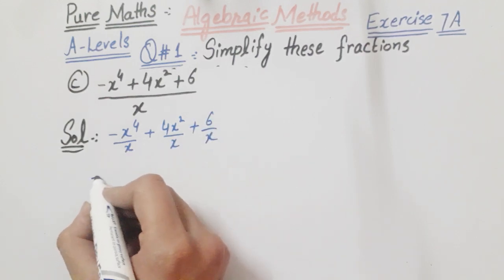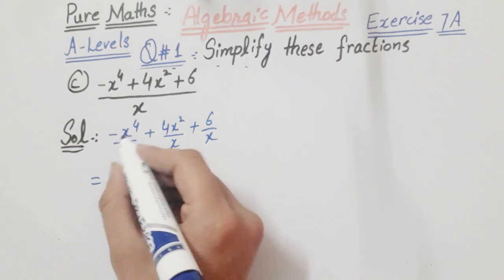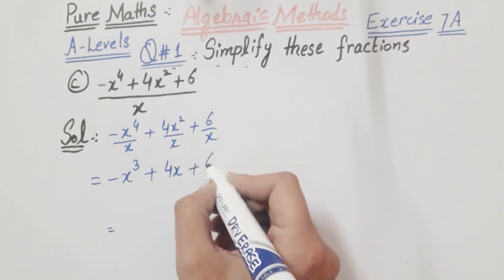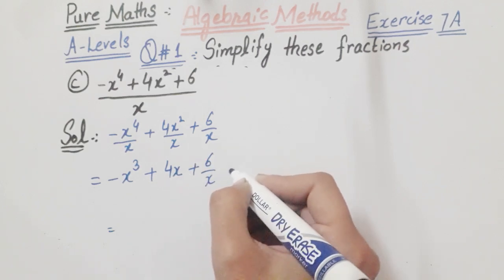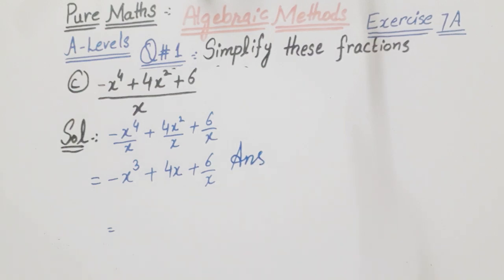Now solve this further. It gives -x^3 + 4x + 6 by x. So this is the simplest form and this is the answer.